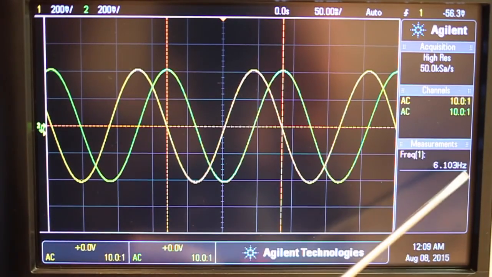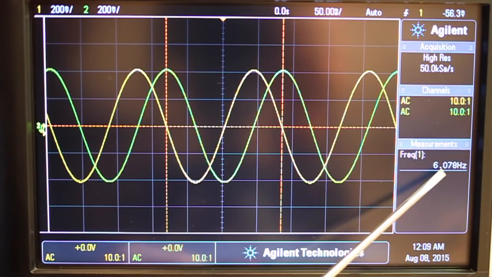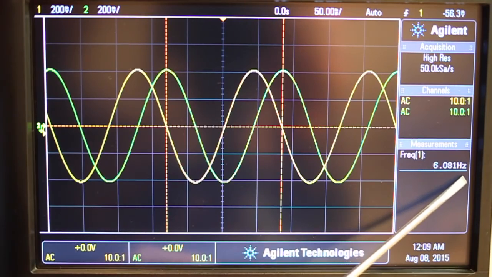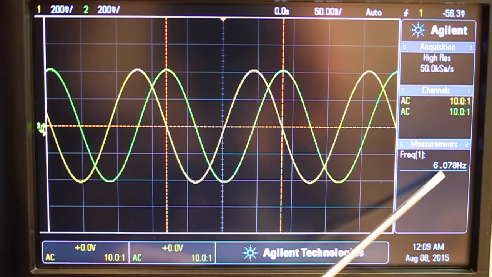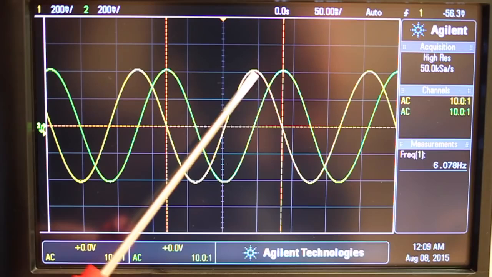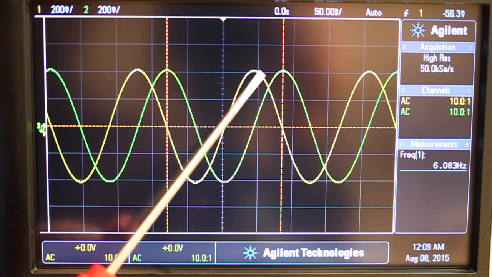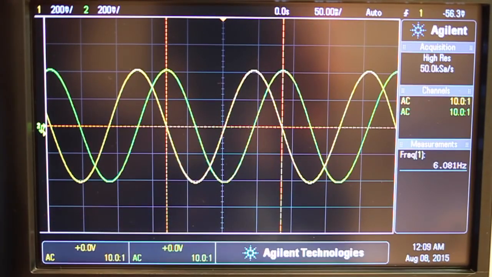I've connected channel 1 to the I output of the mixer and channel 2 to the Q output. Now we can see that my RF signal is 6 Hertz away from my local oscillator. And we can tell that it is above the local oscillator by 6 Hertz because we can see that my I output is currently leading my Q output.